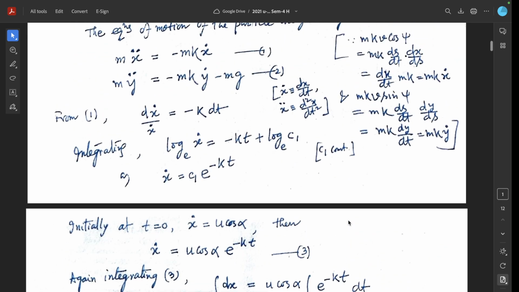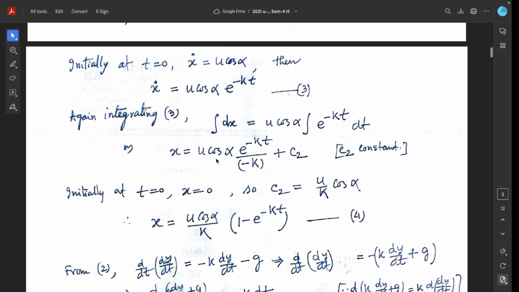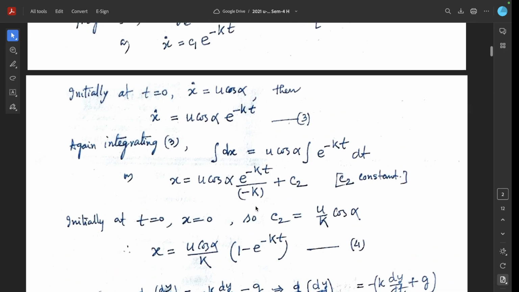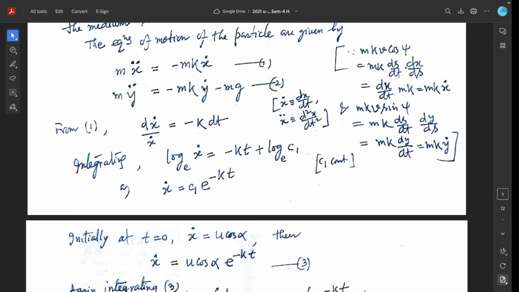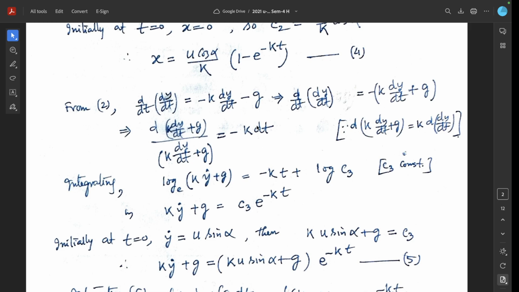And from equation 2, m y double dot equal to this. So from 2, d/dt of dy/dt equal to minus k dy/dt minus g, cancelling m from both sides. So we get d/dt of dy/dt equal to minus (k dy/dt plus g).